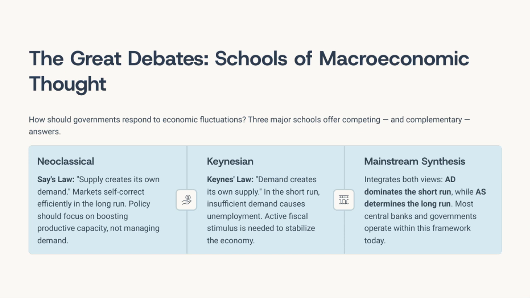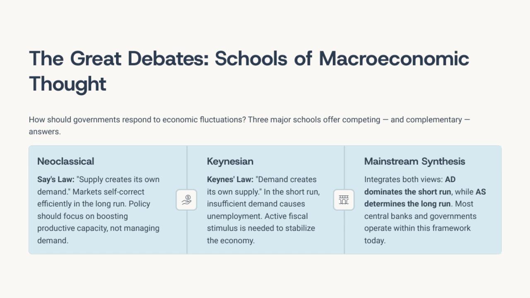On the other hand, Say's law, supply creates its own demand, emphasizes that markets are self-correcting over the long term. The focus here is on increasing productive capacity through policies that promote supply, rather than trying to manage demand directly. These contrasting views reflect the fundamental debates in macroeconomics about how governments should respond to fluctuations.